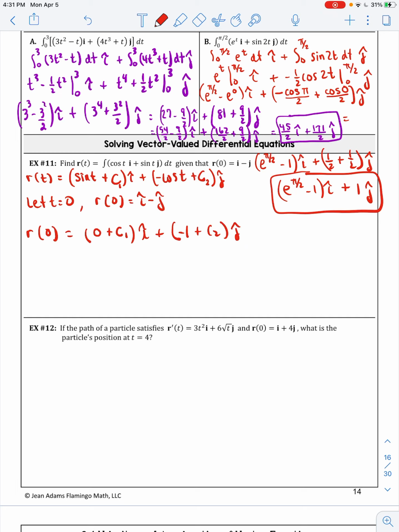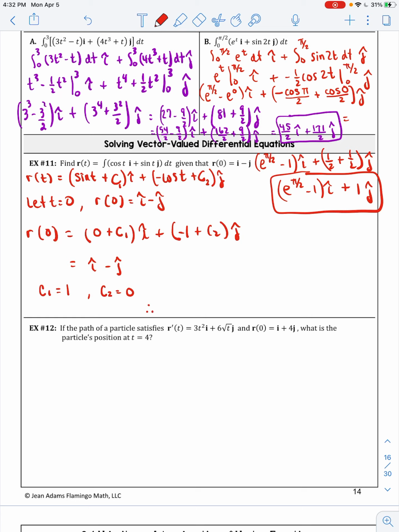So negative 1 plus c2 times j would be our r of 0, and that would, as we said, have to equal i minus j. So therefore, our c1 must be 1 for that to be true, and our c2 must be 0 for that to be true.